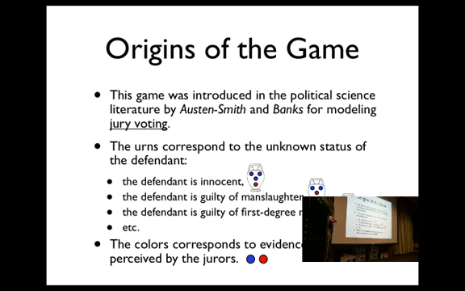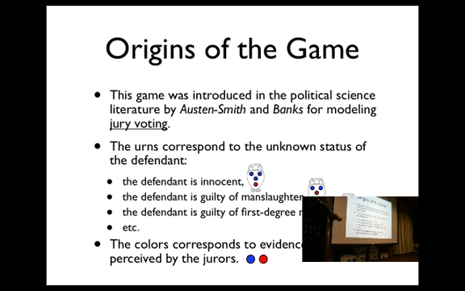So why do we consider this problem? This was introduced in the political science literature by Austen-Smith and Banks, and they wanted to model jury voting. So you have, say, a defendant that's accused of having done something, say, of having killed a man, and there are many possibilities, right?